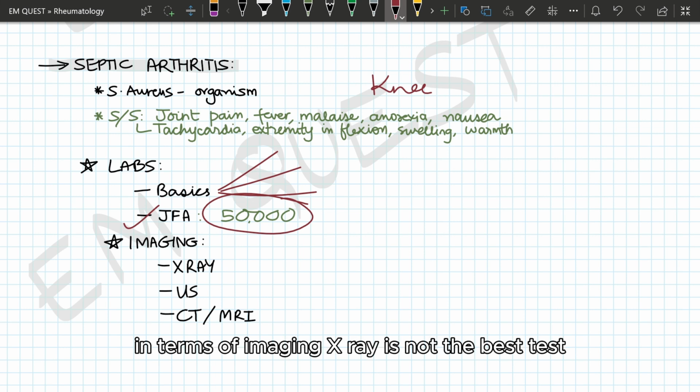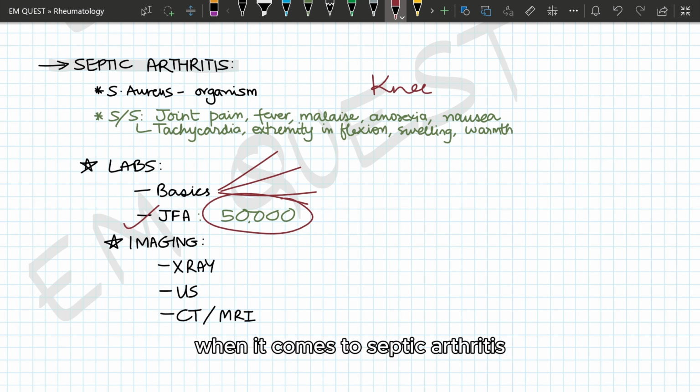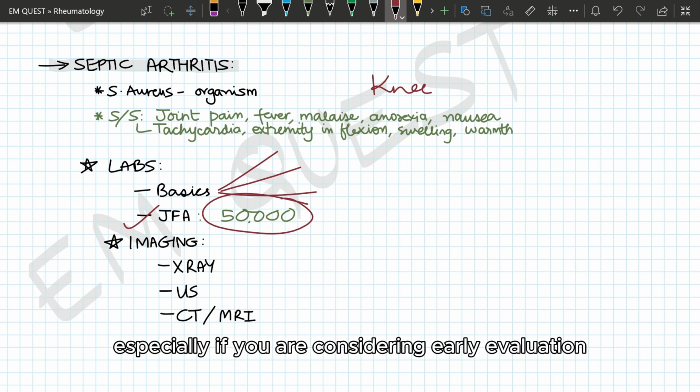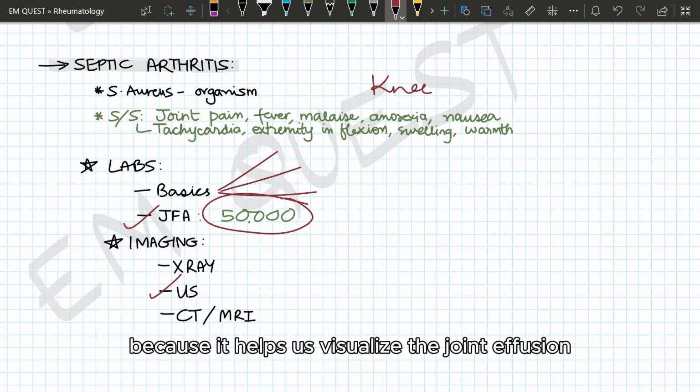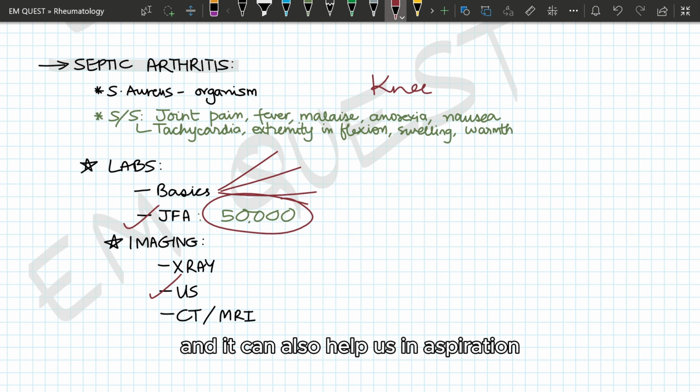In terms of imaging, X-ray is not the best test when it comes to septic arthritis, especially if we are considering early evaluation. Ultrasound is really helpful because it helps us visualize the joint effusion, and it can also help us in aspiration.